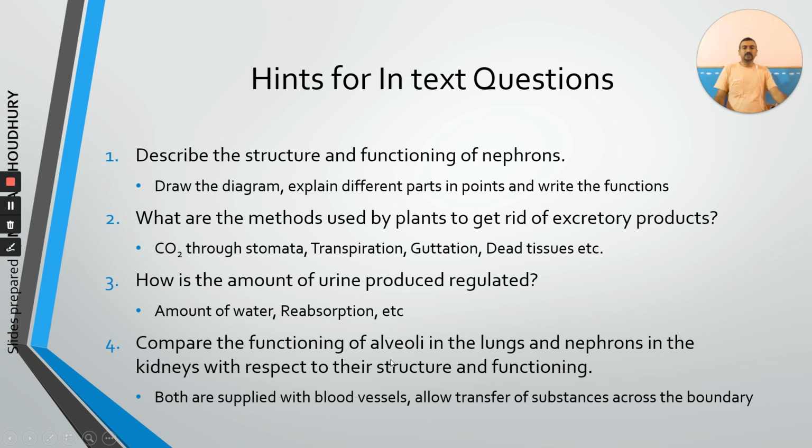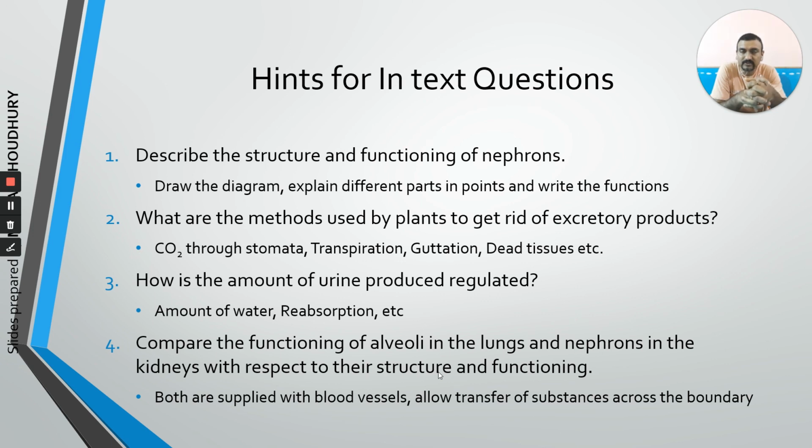Compare the functioning of alveoli in lungs and nephrons in the kidney with respect to their structure and functioning. See, we are trying to correlate the structure and functioning of alveoli and nephron. Both are completely different structures. But do you see any similarity? Yes, because alveoli are also surrounded by blood vessels. In nephrons also, in Bowman's capsule, you will find a network of capillaries forming the glomerulus.